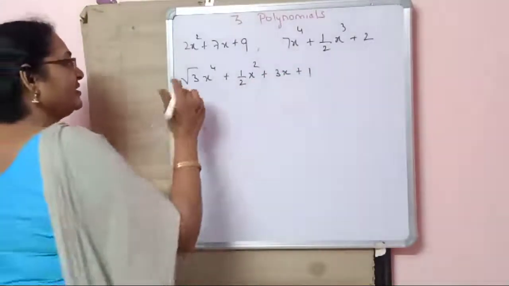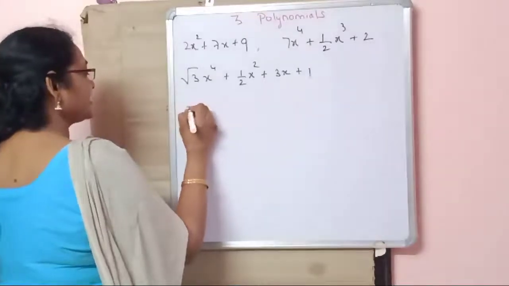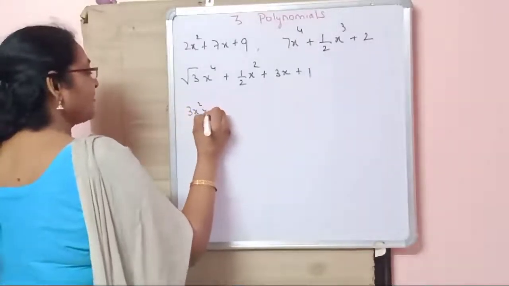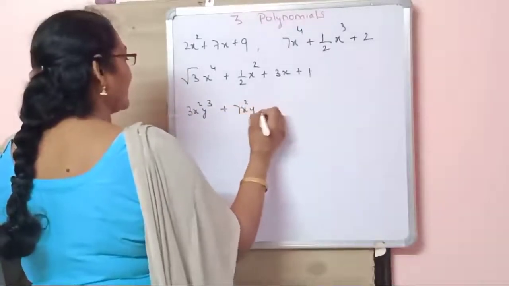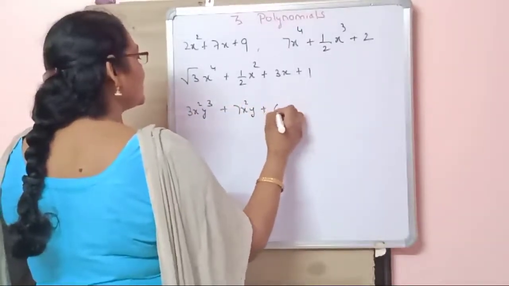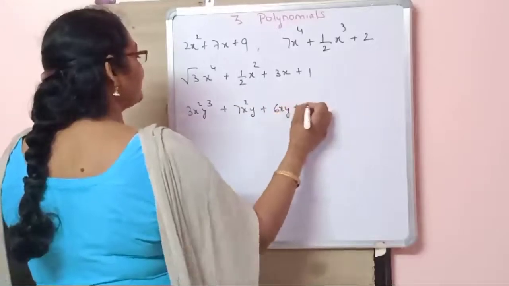Or else you can also come across 3x square y raised to 3 plus 7x square y plus 6xy plus 1.